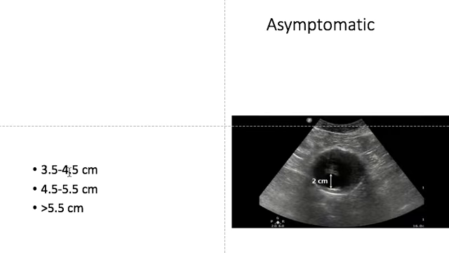Between 4.5 to 5.5 centimeters, you do an ultrasound every 6 months, and if it remains below 5.5, you observe. Does that mean that these aneurysms will not rupture? No, it can. But of course, the risk of death from rupture, you compare with the risk of mortality from surgery, because these surgeries are high risk.